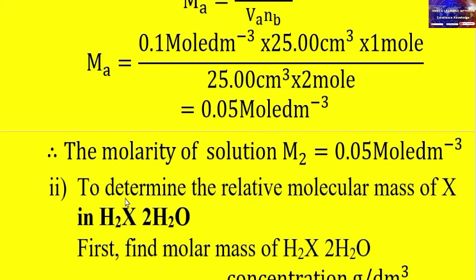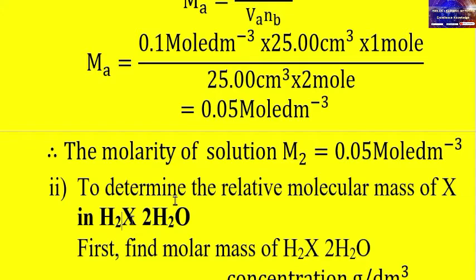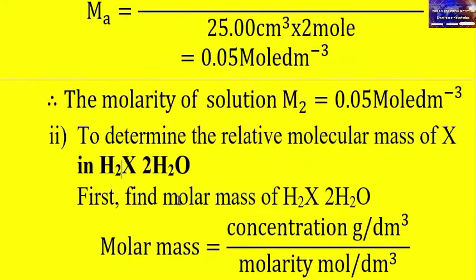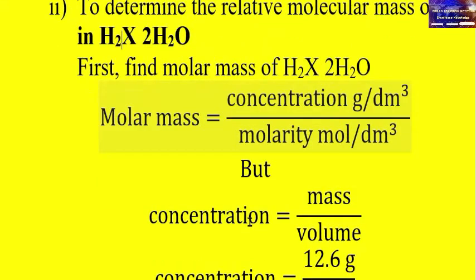Another question: determine the relative molecular mass of X in that compound. We want to solve for X. First we find the molar mass of H2X hydrated with water. Molar mass is equal to concentration over molarity. Because the concentration is not given directly, we have to use mass over volume.